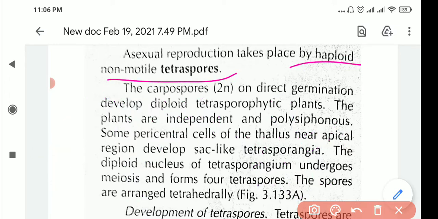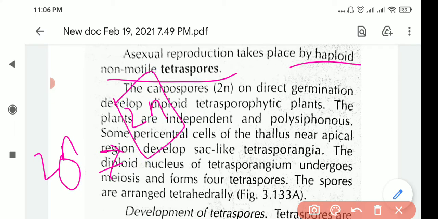First, remember the carpospore, which is 2N. It will germinate to produce a diploid tetrasporic plant. That's the plant. Then the plants are independent. Then this diploid nucleus will undergo meiosis. So from 2N we will get 4.